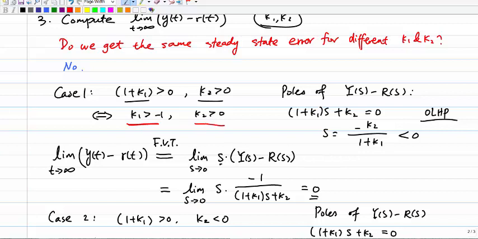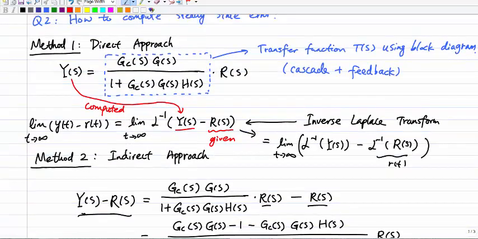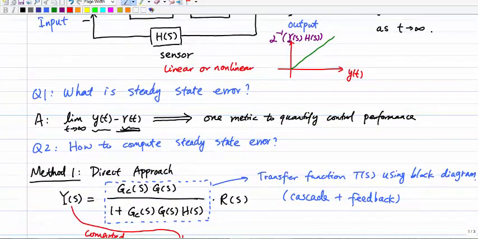You can say K1 is 1, K2 is 2, which is also okay. So later on, we will also talk about other performance, not just the steady state error. In terms of steady state error, for many parameter selections, they are the same. However, if we talk about some other control performance, maybe it's better to select one set of parameters versus the other set.